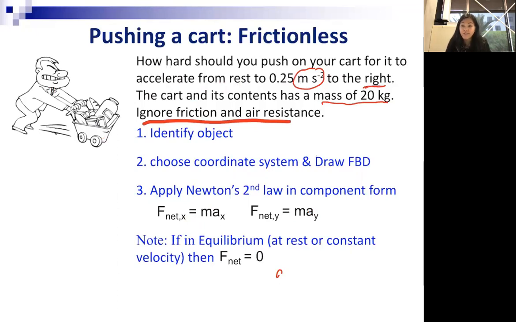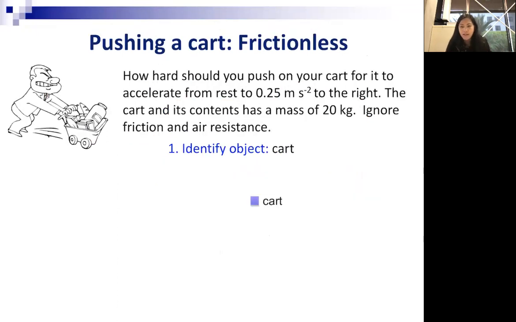It should be the cart, right? Good, it's the cart that you want to push. Right, so can you give me one force? We'll draw now the free body diagram because once you've identified your object, the next step is draw your free body diagram. So can you give me one force that's acting on the cart?